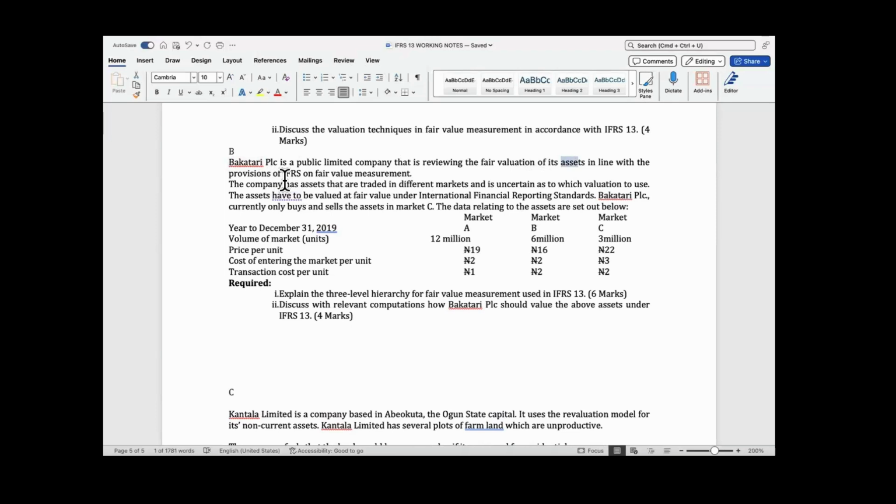The company has assets that are traded in different markets and is uncertain as to which valuation to use. So the assets have to be valued at fair value under IFRS. And currently, they said he only buys and sells the assets in market C. So he only deals in market C. So the data relating to the asset are set out below.